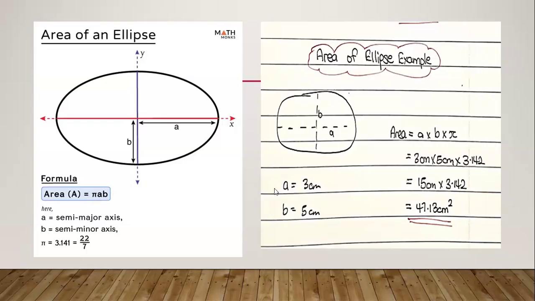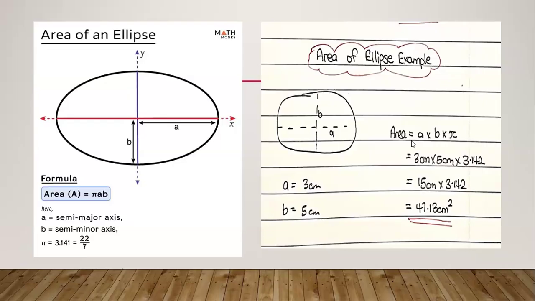This simply means multiplication. The order in which you do your work doesn't matter, but once you're using the same formula here, we can either use pi as the decimal, which is 3.142, or 22 over 7, whichever one you're comfortable with.